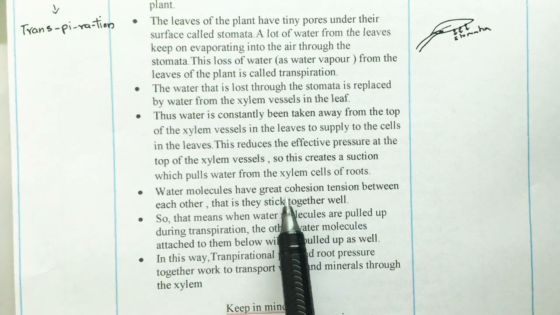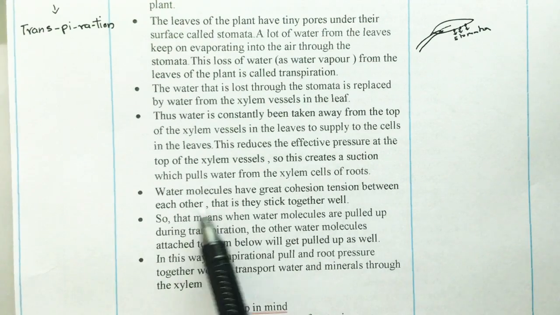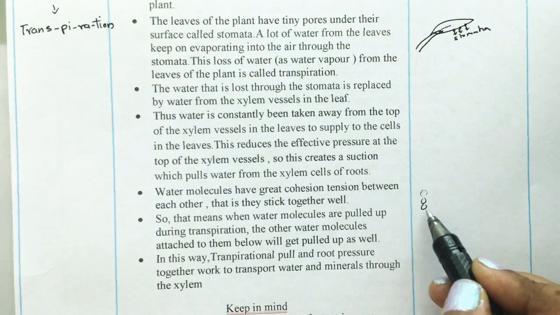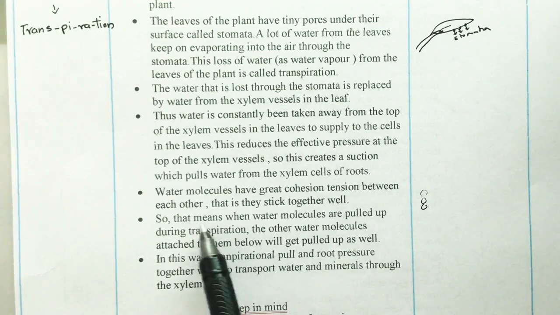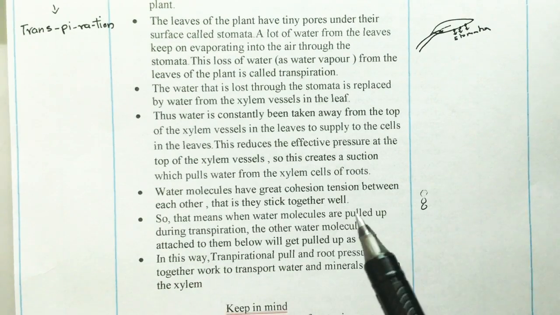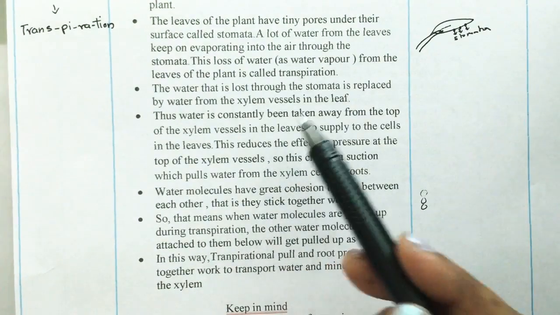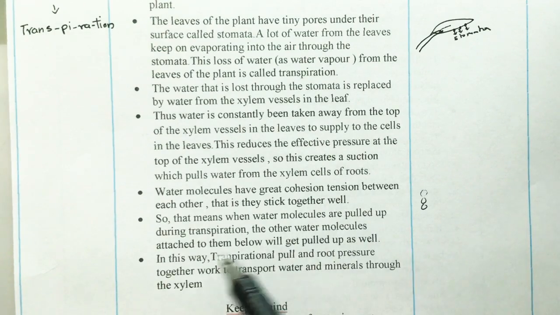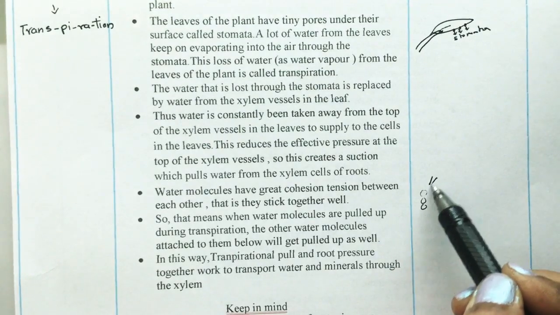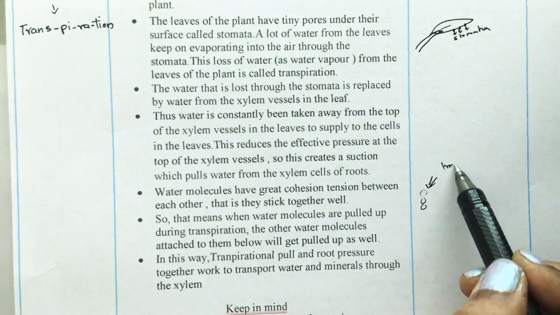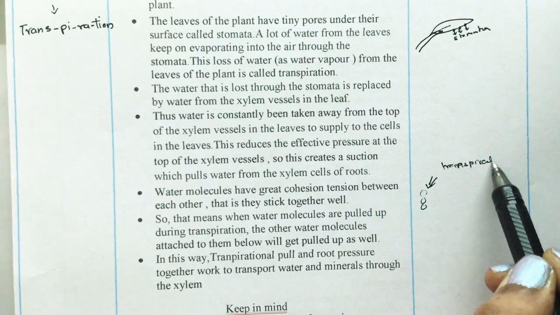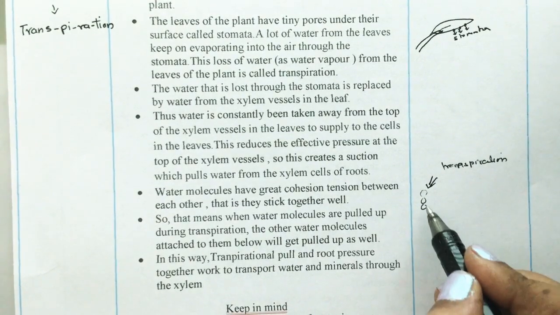Water molecules have great cohesion tension between each other, that is they stick to each other. It is like this, they stick to each other very well. So, that means when water molecules are pulled during the transpiration, as we saw earlier, the other water molecules attached to them, suppose this is being pulled, right, because of transpiration, what happens?